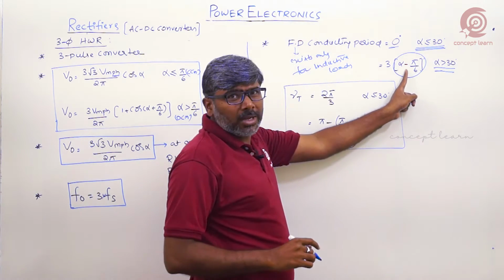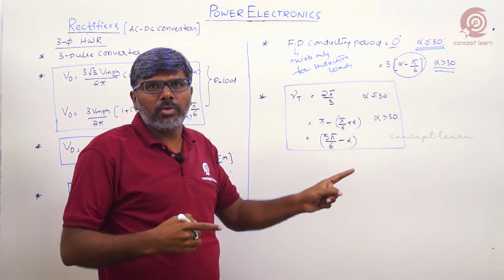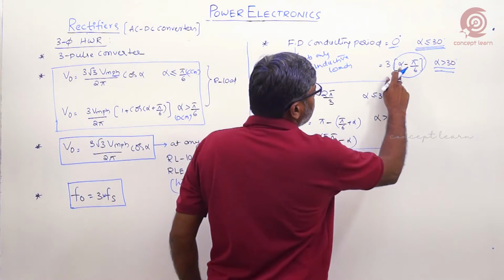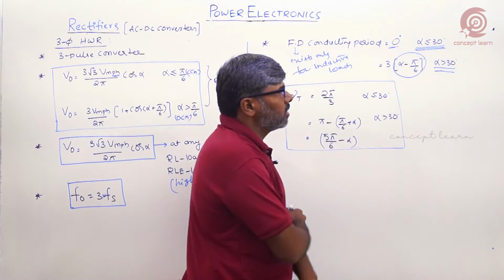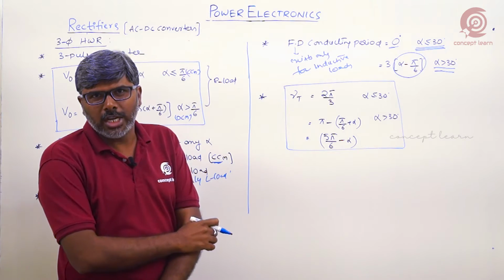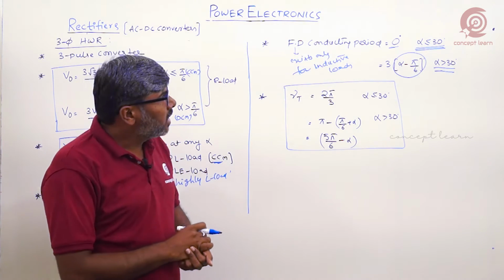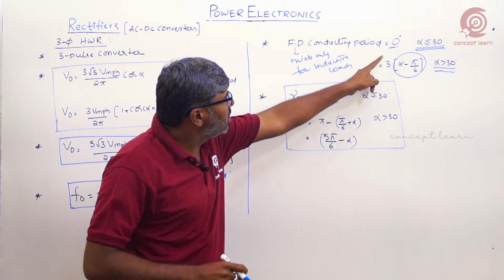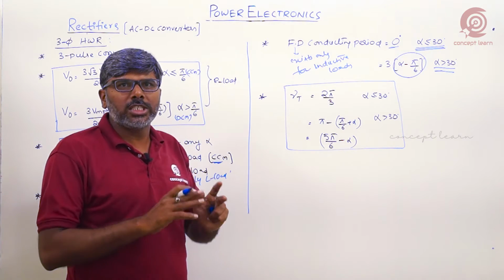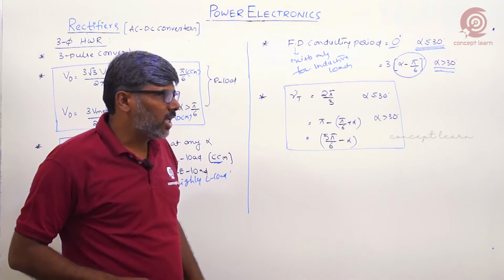This is for only one pulse. How many pulses are there in the output waveform? 3 pulses. So 3 into alpha minus pi by 6. This is the conducting period of the freewheeling diode if the firing angle is greater than 30 degrees. This is for inductive load. For resistive load, it would be 0 at any firing angle alpha.